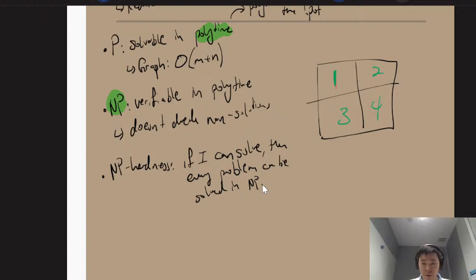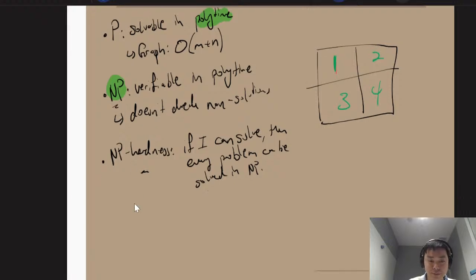And so what you can think about is that NP hardness really tells you that these are problems that are much harder than problems in NP. Because if a problem in NP hard was easy, then every problem in NP was also easy, because generating an algorithm for any problem in this class will give you an algorithm for every problem in this class.